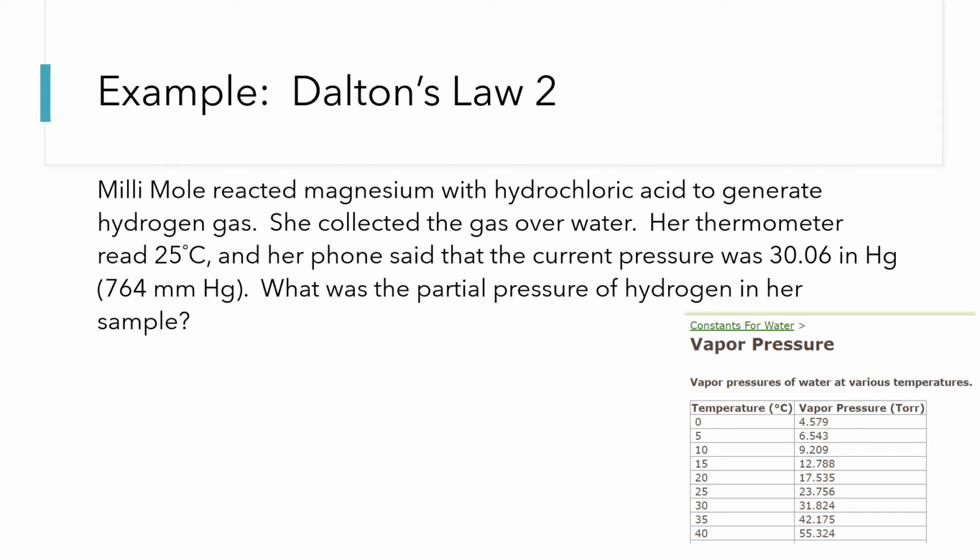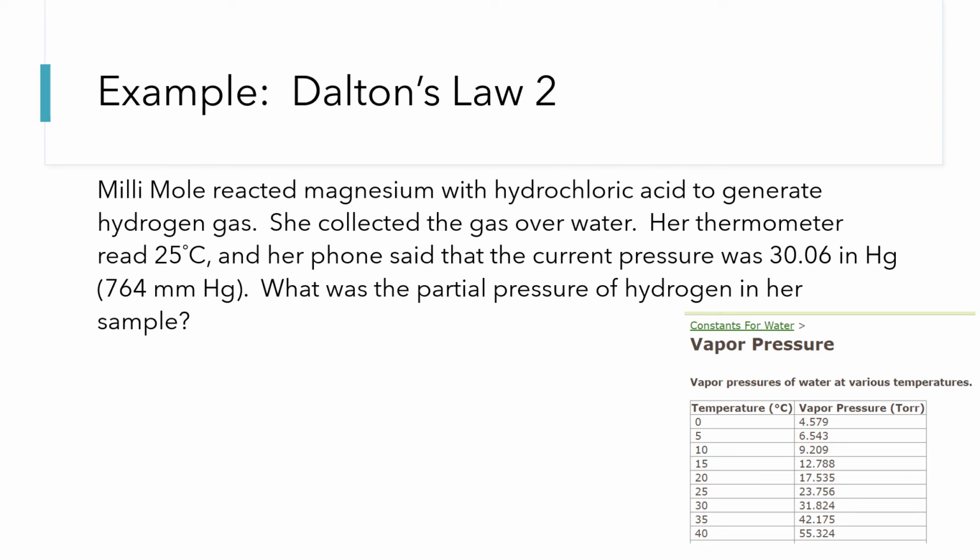Millimole is using a reaction setup like we saw in the previous slide, and she collected her gas over water. We have the temperature that she was at and the current pressure. She measured the pressure by using the weather service, and I did the conversion for you from 30.06 inches of mercury over to 764 millimeters of mercury.